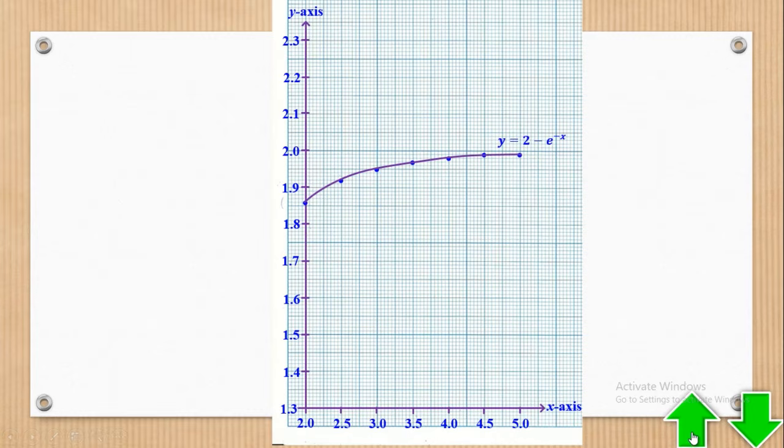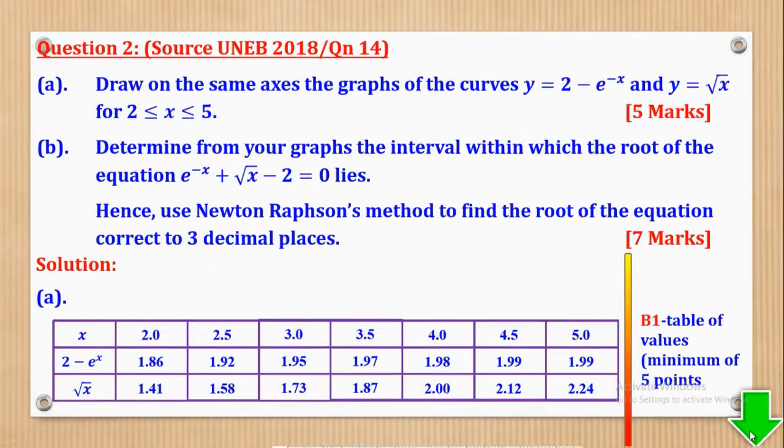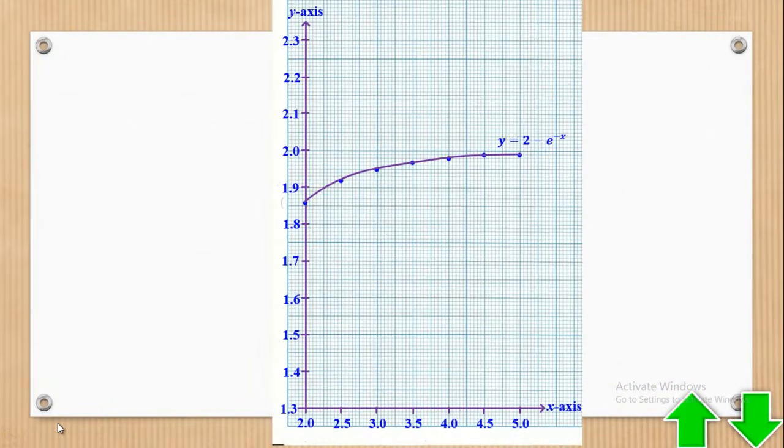So next is to plot the second curve, y equals root x, using these values. So when x is 2, I'll come up with that value. 2.5, that. 3, that. 3.5, that. 4, that. 4.5, that. 5, that.